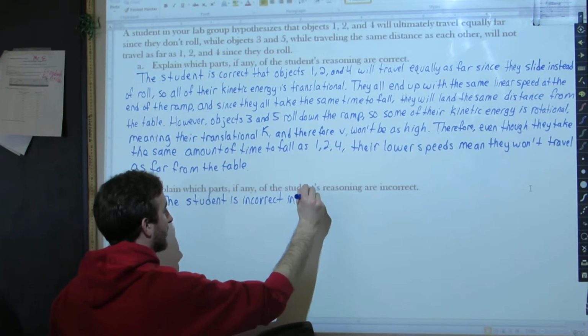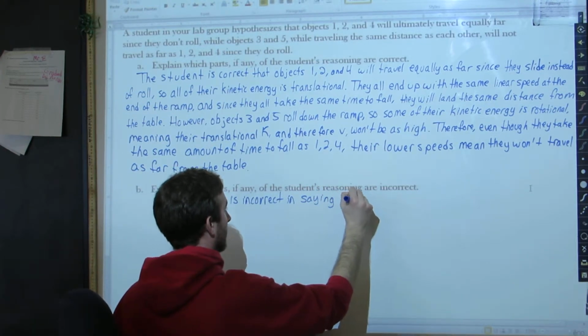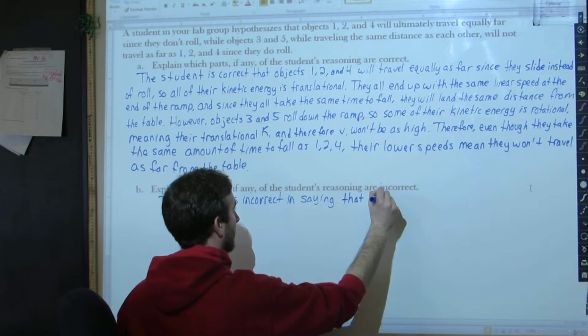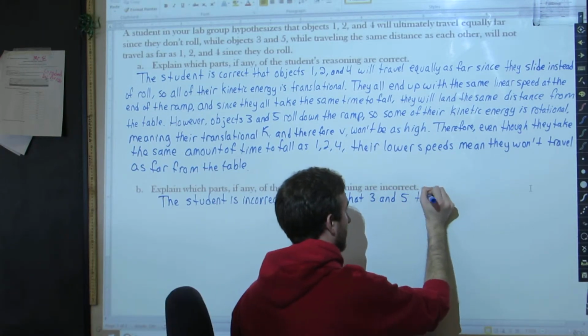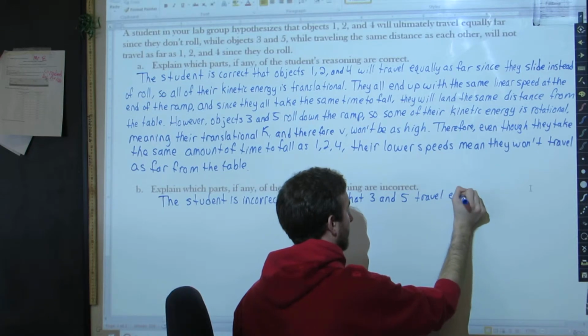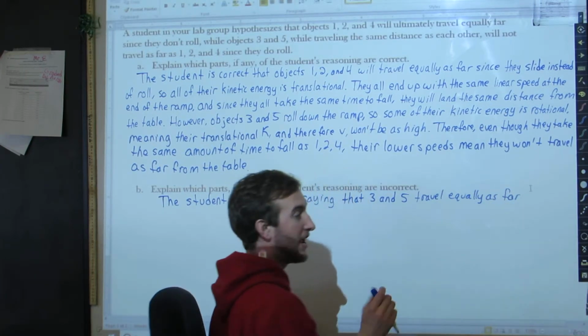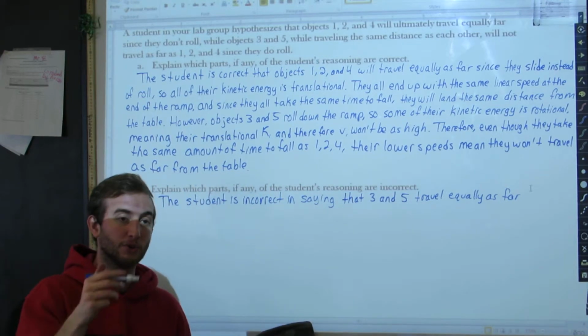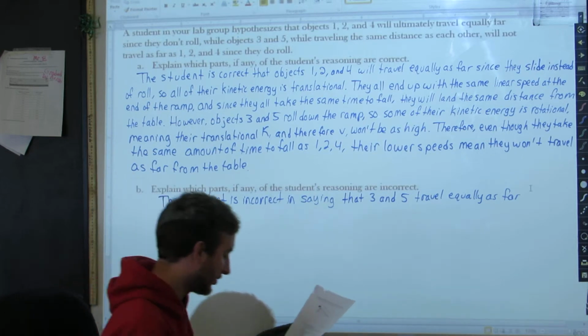in saying that 3 and 5 travel equally as far. Now, he was right that they will not travel as far as 1, 2, and 4, but the student said 3 and 5 will travel the same. And that is not true.